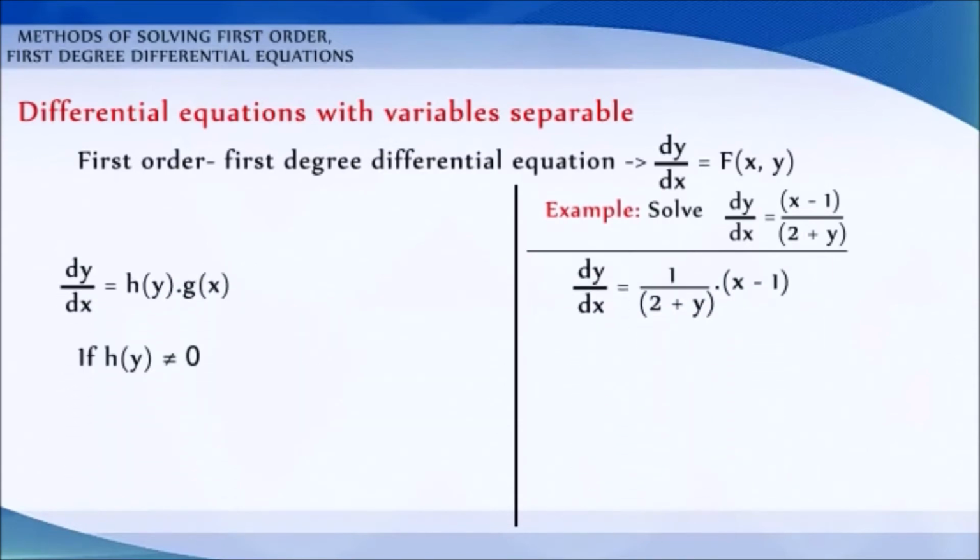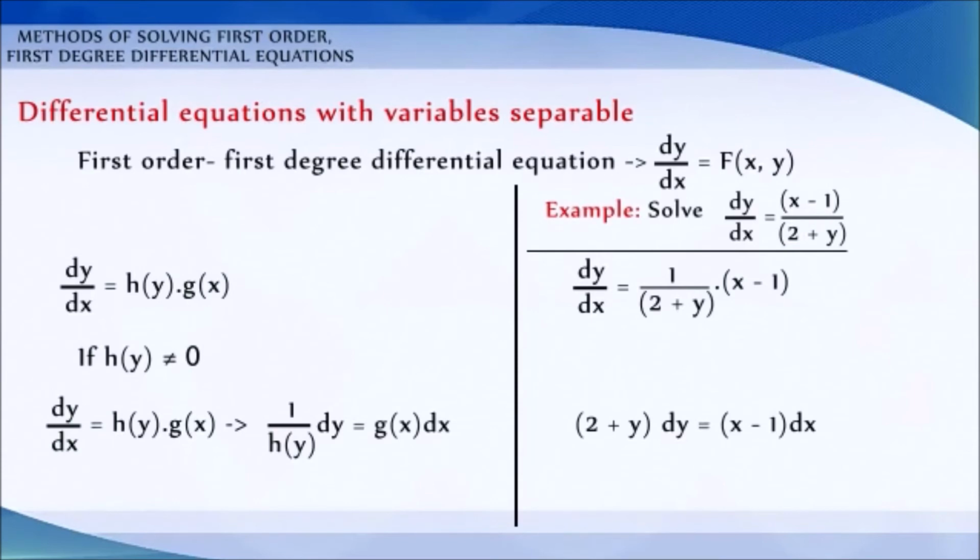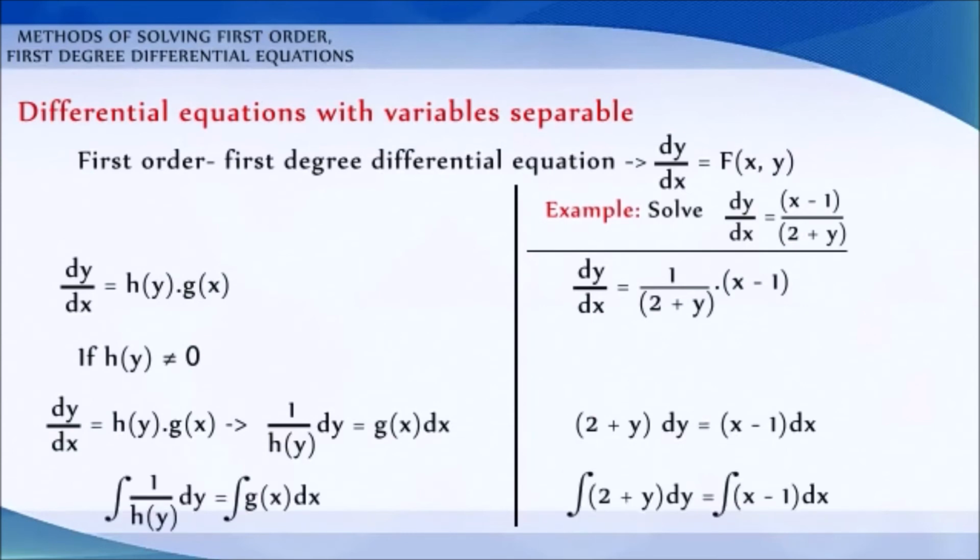If h(y) is not equal to 0, then the equation dy/dx = h(y) g(x) can be rewritten as 1/h(y) dy = g(x) dx. Integrating both the sides, we get the integral of 1/h(y) dy equal to the integral of g(x) dx.